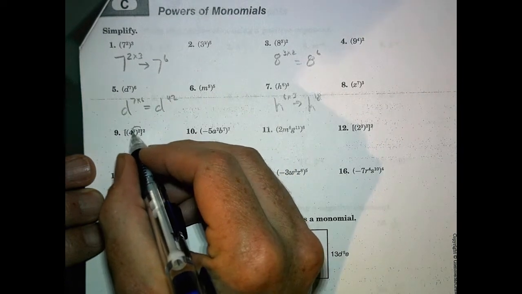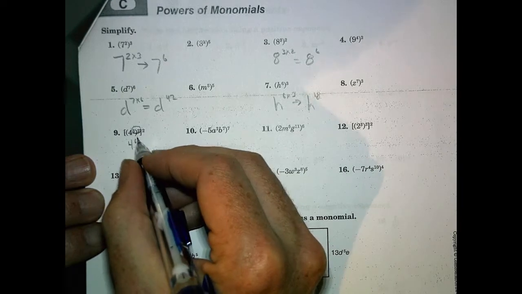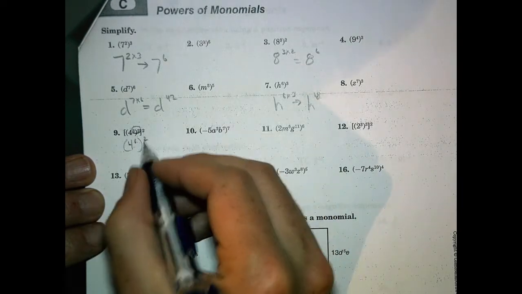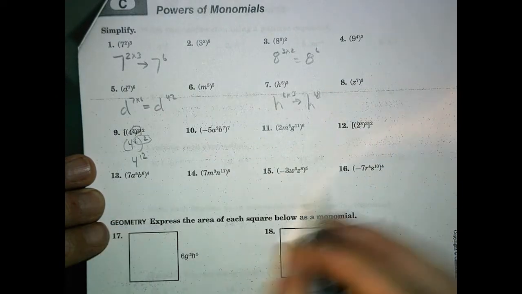So 4 to the 3 times 2 power, which is 3 times 2 is 6, and that's going to be squared still. So now we have 6 times 2, which is 12.